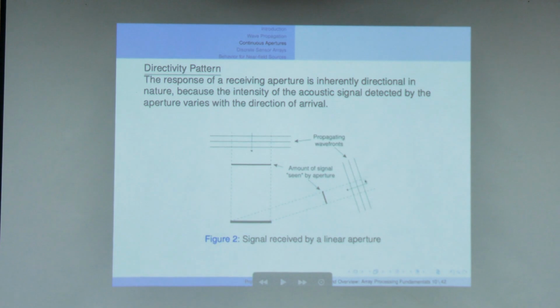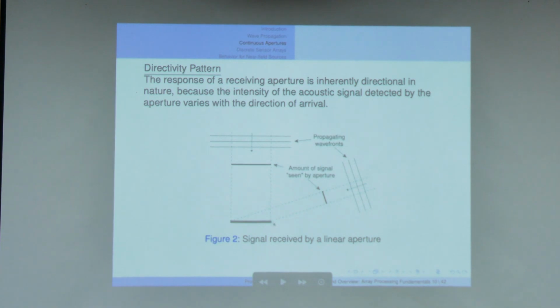A wave that comes from here hits this point and hits another point on the aperture with a different phase, a different time delay, which is different than if the propagating waves come from this direction. Even a plane wave that comes from this direction will hit this point and this point with the same phase.